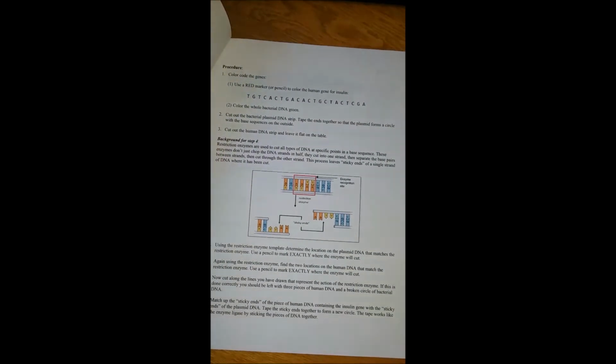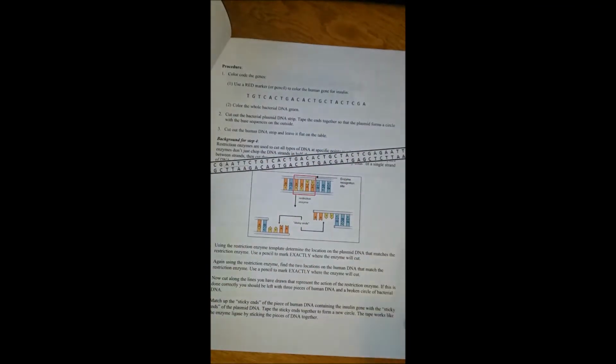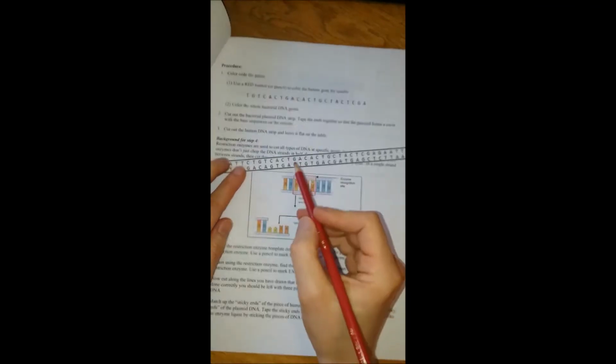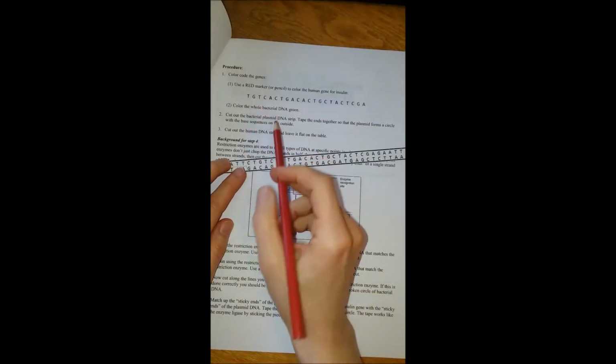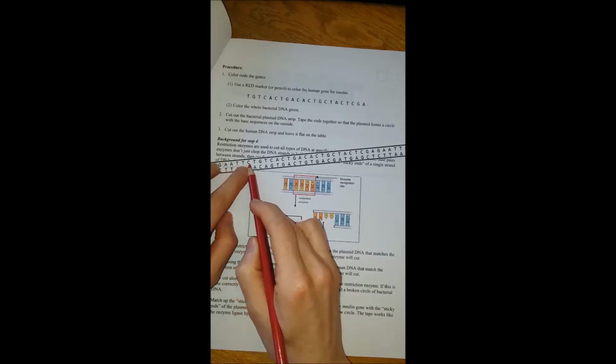So I've got a strip of human DNA, and I'm going to try to find the gene for insulin. And according to the lab, this is the sequence for the gene for insulin. So I'm going to take a look at my DNA, and I'm going to color it red. So I'm looking for TGT, usually starts after a sequence of A's and T's. So here we go.